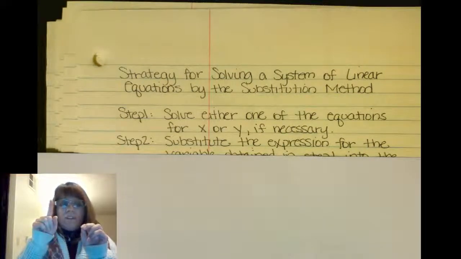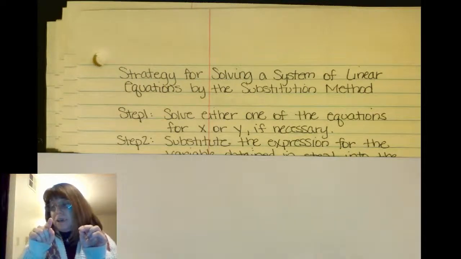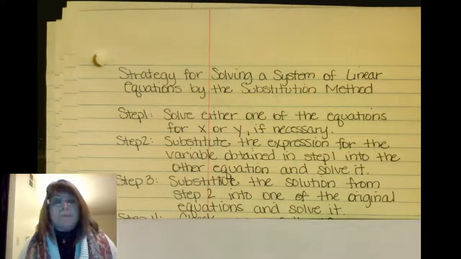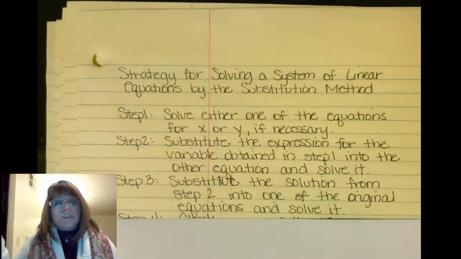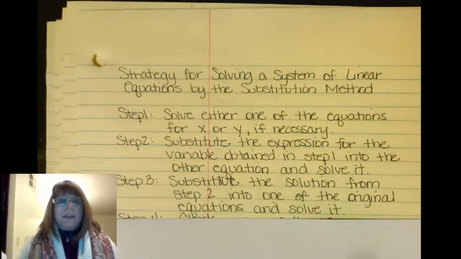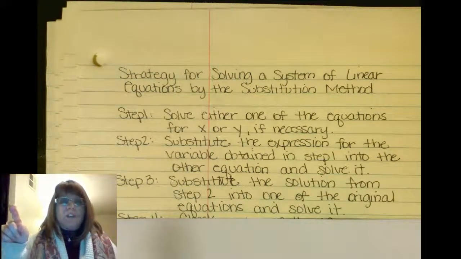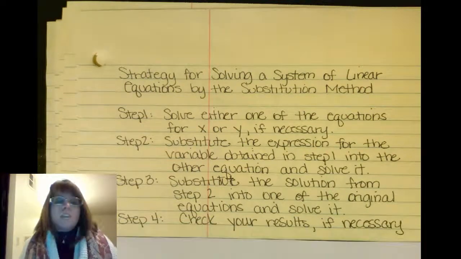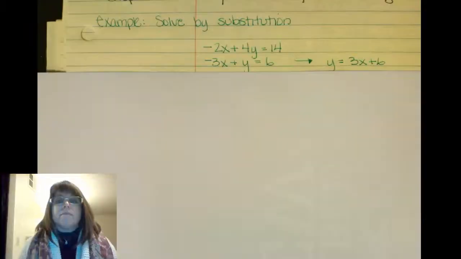Likewise, if you solved for the variable in 1, you need to plug it back into the second equation. Step 3 is to substitute the solution you found in step 2 into one of the original equations to solve for the other variable. And then, of course, check your results.